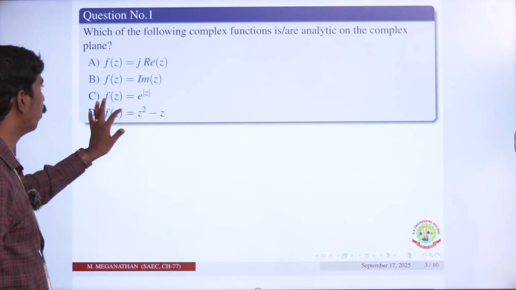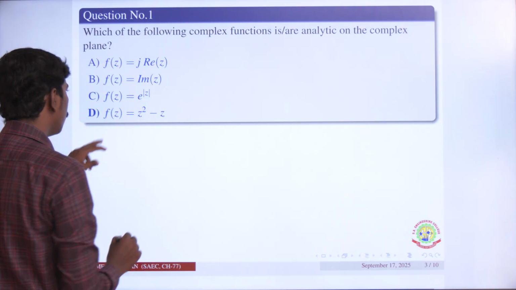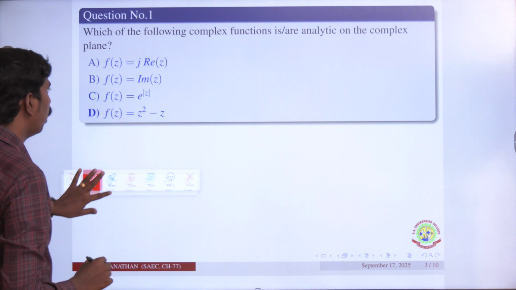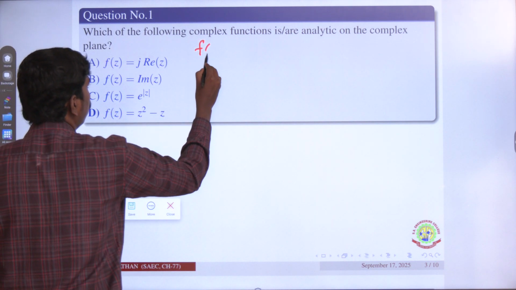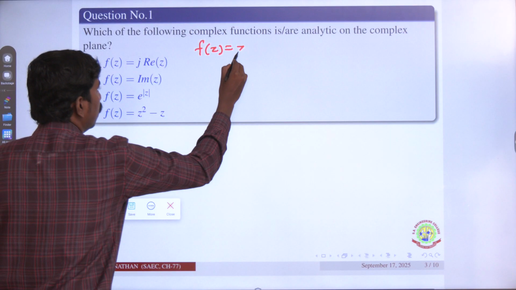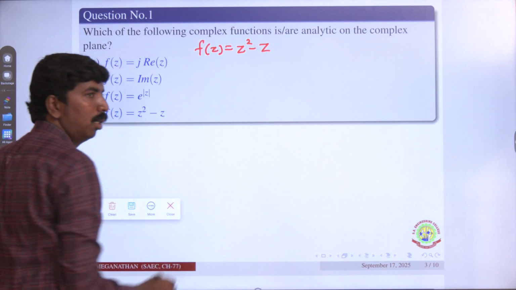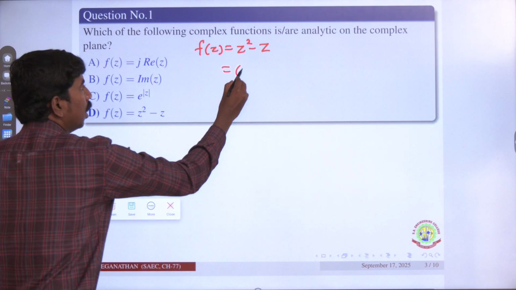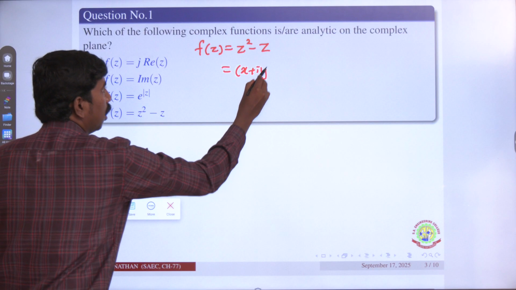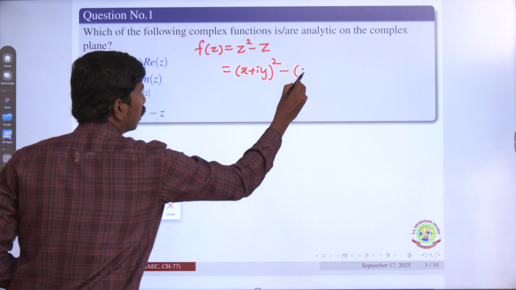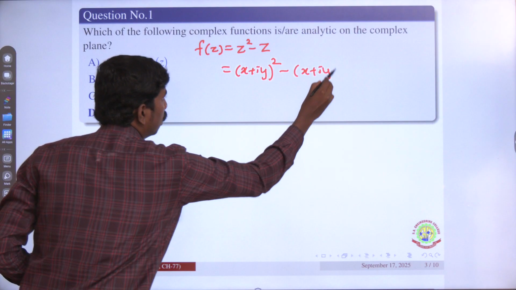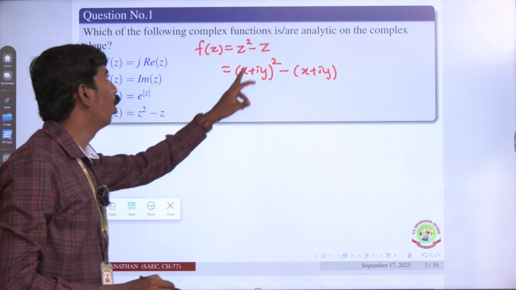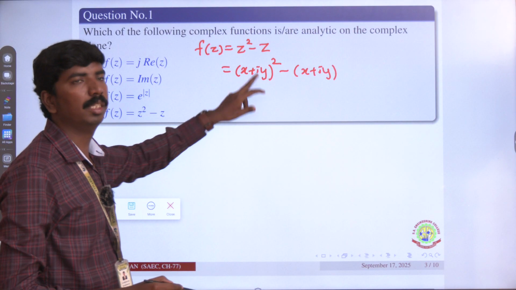So now we will go for the last one. The last function is f of z equal to z square minus z. So z we represent as x plus iy, that whole square, minus of x plus iy. So we simply substitute z equal to the complex number x plus iy.